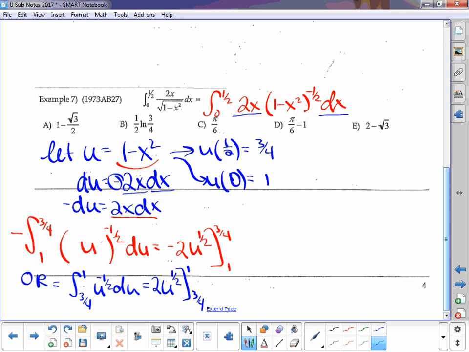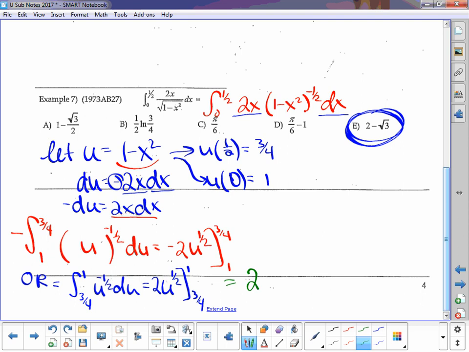Alright, what did we end up getting for our answer? 4 minus 3/2. A, B, C, D, or E. So let's just real quick take a look at this. Raise your hand if you switched the bounds. So it looks like the majority, so we'll go with this term.